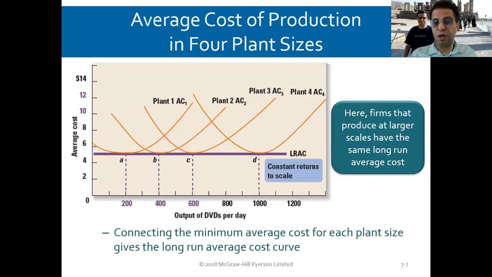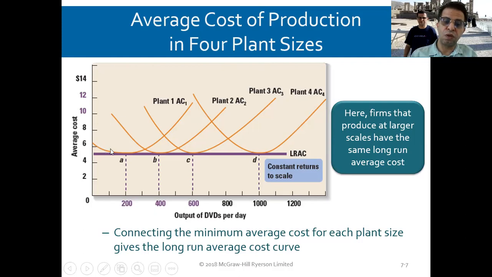Average cost of production, let's say in the four firms, consist together the long run average cost. So firms that produce at larger scales can have the same long run average cost because in the long run, we notice that it is constant returns to scale.